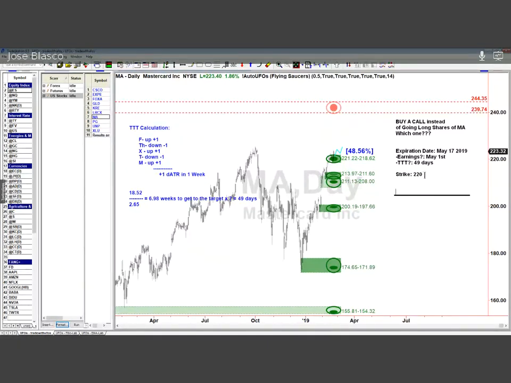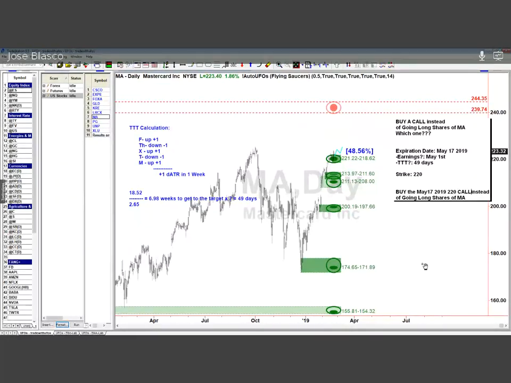So what are we going to do? Well, instead of going long shares of MasterCard, I would like to refer you to buy the May 17, 2019 220 call.